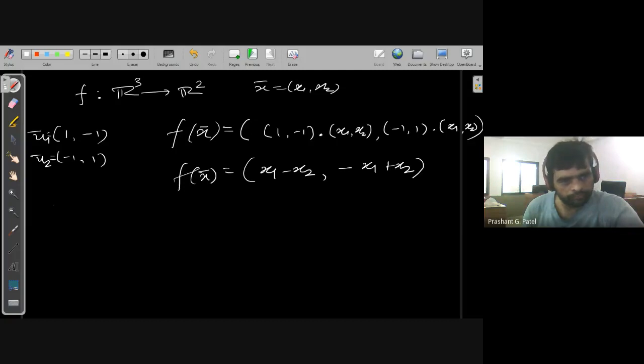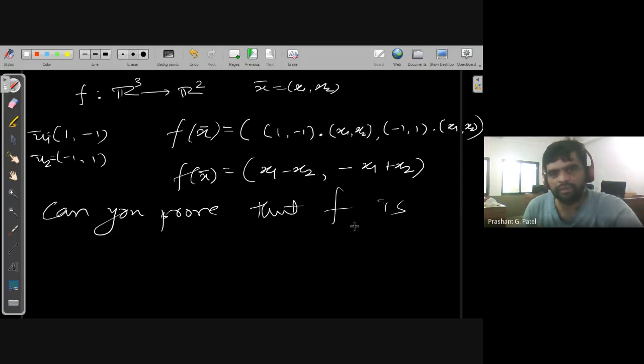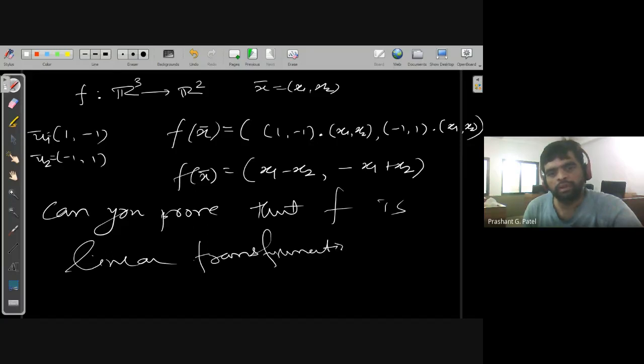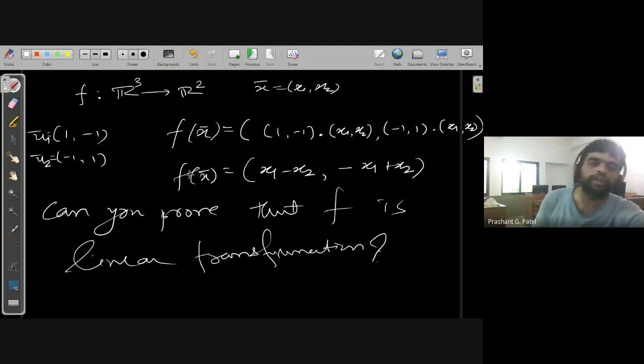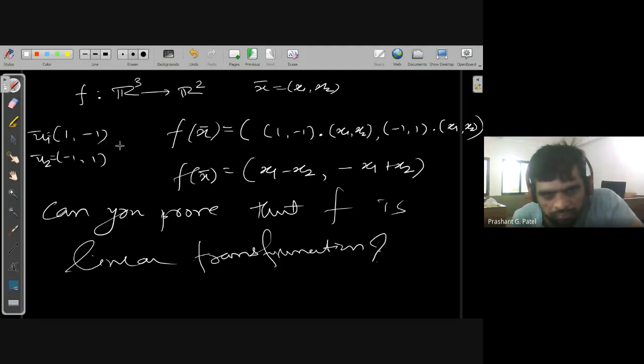So can you prove that this f is a linear function, or I can say linear transformation? Linear transformation you already discussed in your linear algebra course. So can somebody recall what will be the definition of a linear transformation? Yes, anyone?